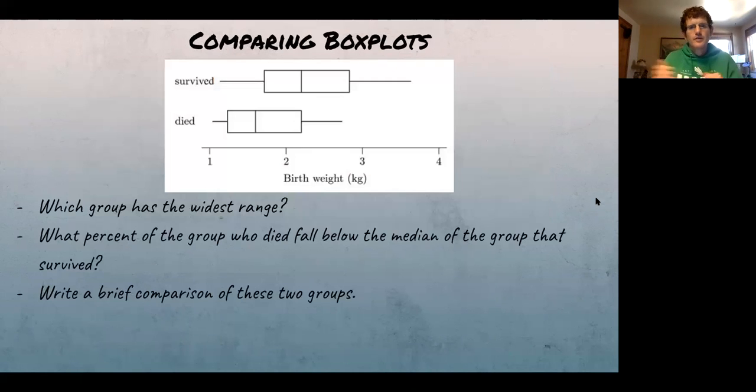Okay, so this is the other thing that we can do for comparing. I will say, and you'll probably agree with me, at least I think you will, that comparing box plots is a little easier than comparing histograms. So we know that each whisker or box part counts as 25% of the data. So which one has the widest range?